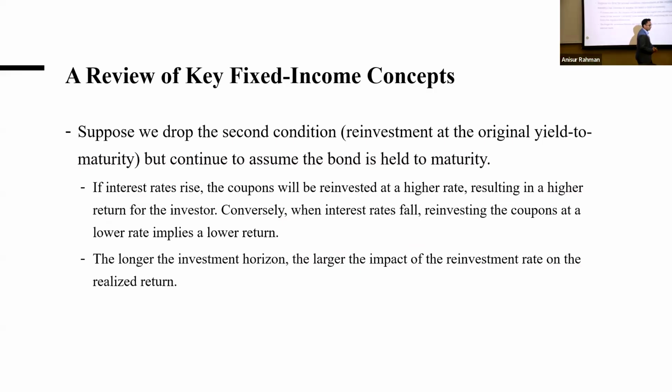Because you invested $1,000, now you are reinvesting all the coupon payments at a higher rate. So you will have a much higher future value, right? Than if you had invested those coupons at 5%. On the other hand, if the market interest rate goes down, you'll reinvest those coupons at a lower rate, which will reduce your return. Isn't that right? You guys following me so far?